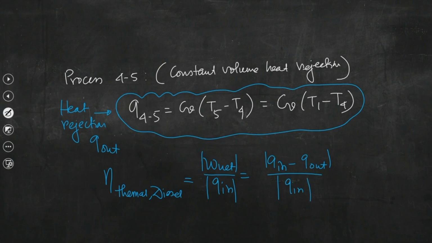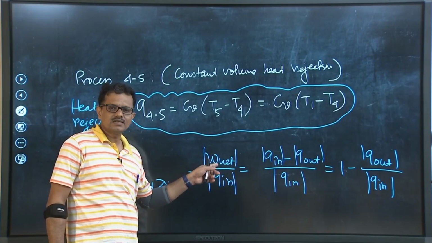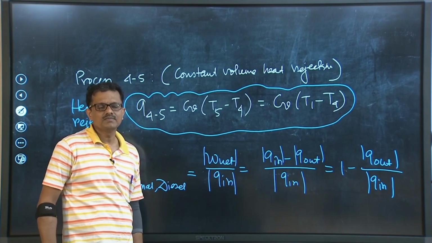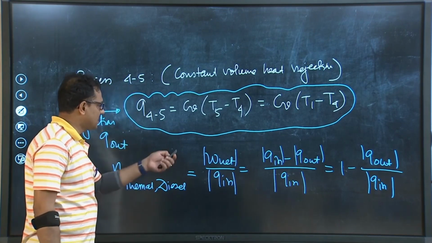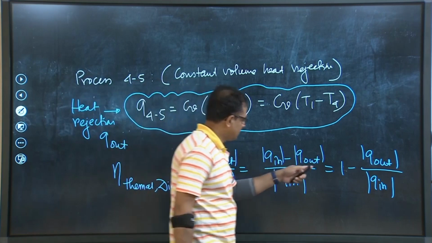So, that is equal to 1 minus Q out divided by Q in. We are interested in the absolute value of this, because heat and work, these two quantities in thermodynamics, also have a certain direction. While we are calculating efficiency or thermal performance, we are interested in the absolute value of these two quantities, not the direction. That is why I have written in this fashion.